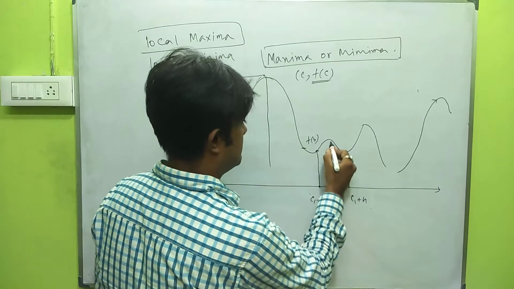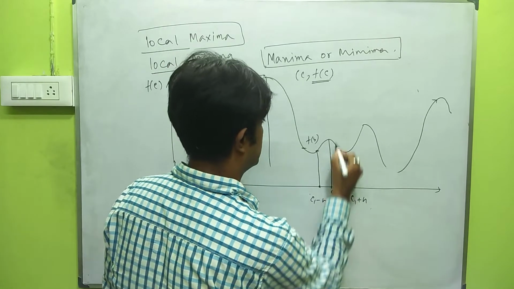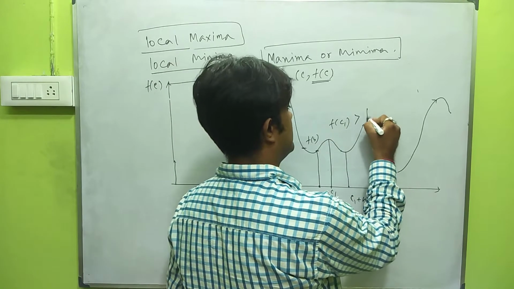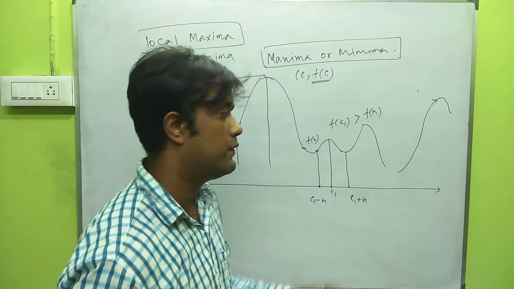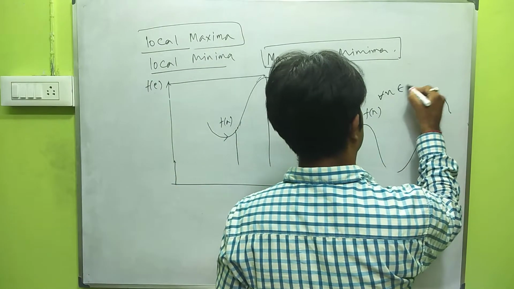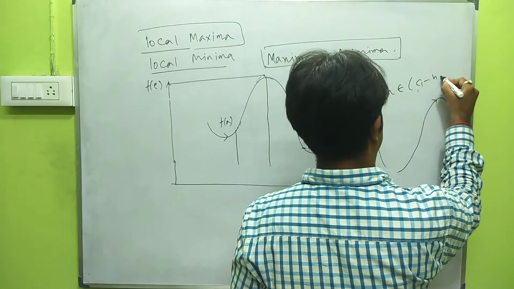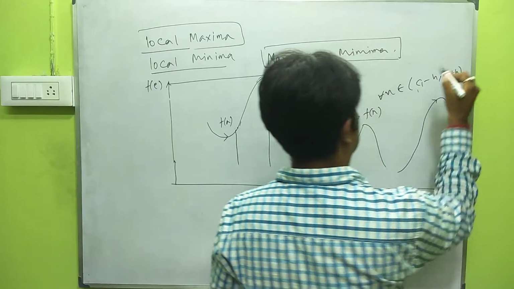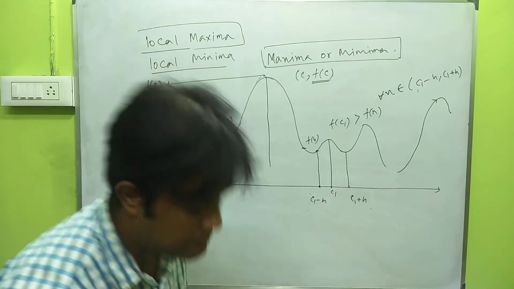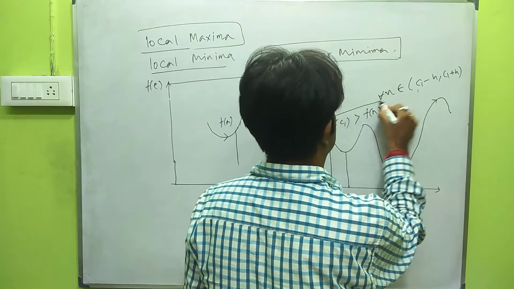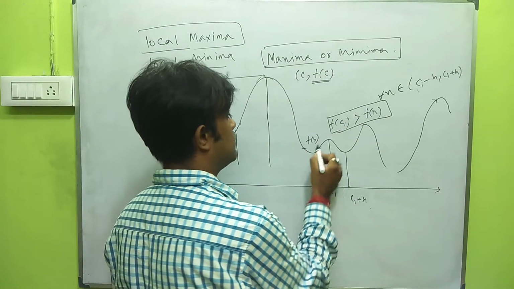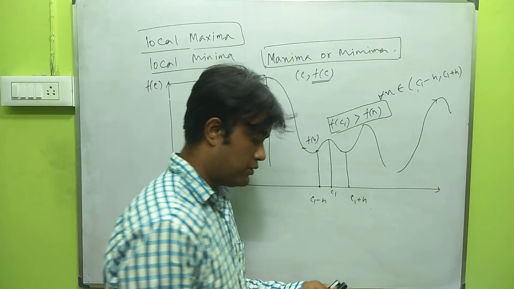So we say that f of C1 is greater than f of x for all x belonging to C1 minus h, C1 plus h. So this function has a local maxima which is f of C1.